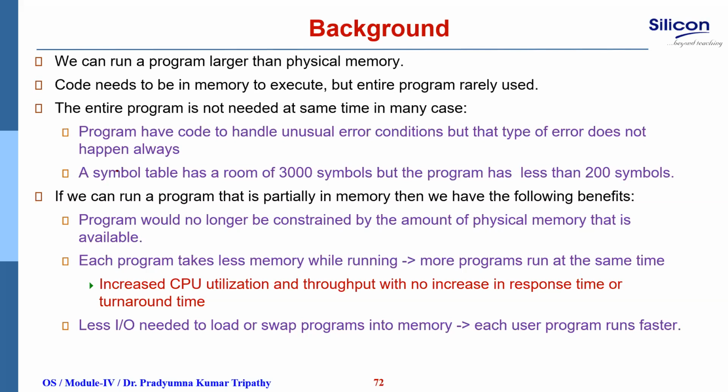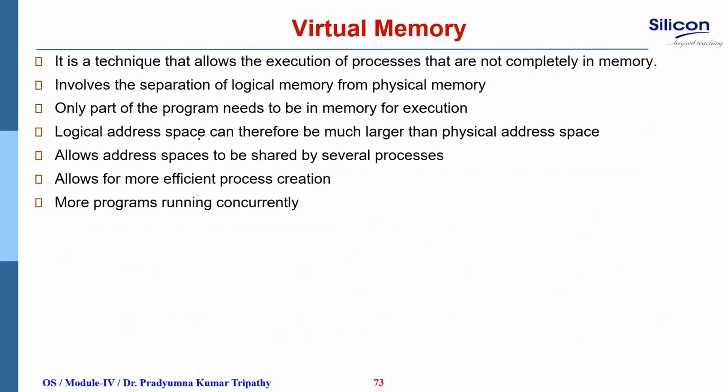So a program would no longer be constrained by the amount of physical memory that is available. We do not depend only on the physical memory available. We may execute a program beyond the main memory size. So look over here, virtual memory is just a technique. It is not a memory that is present on your machine as hardware, like your cache memory or main memory.